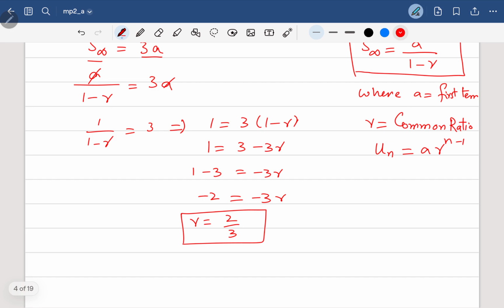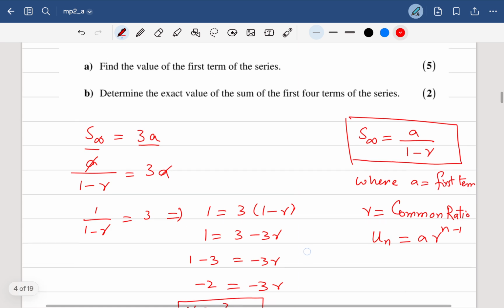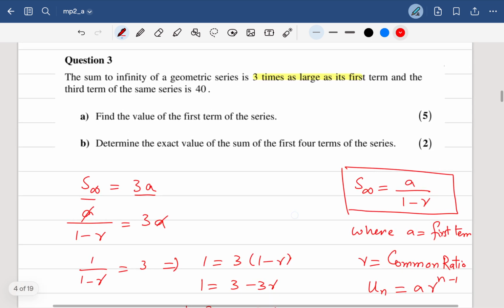Now if we use the other condition given in the question, the third term of the same series is 40. If the third term is 40, that means u3 should be a times r to the power n minus 1.